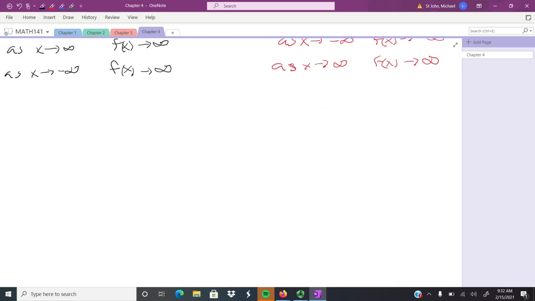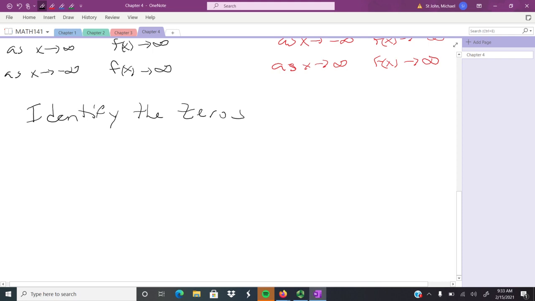So then, given a polynomial function, can we identify the zeros? So given f of x equals 5x squared, x plus 2, and x minus 1/2 to the 4th power.